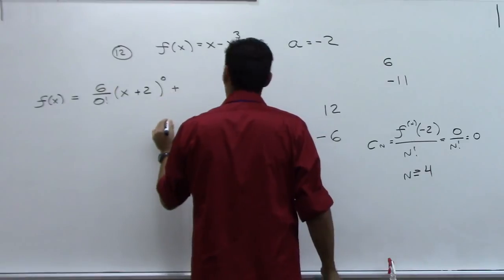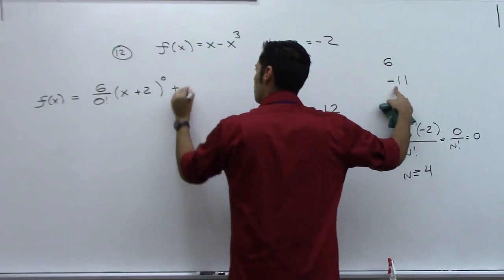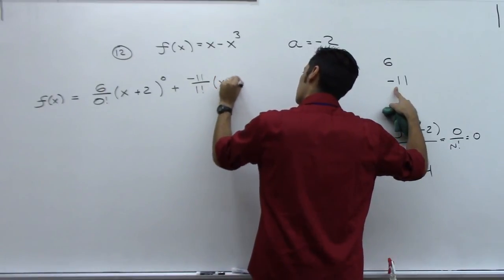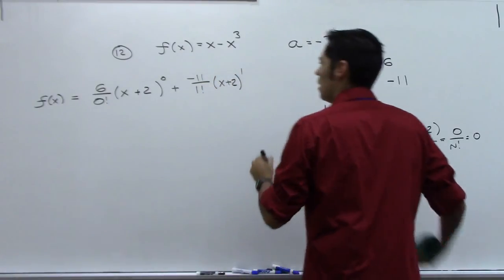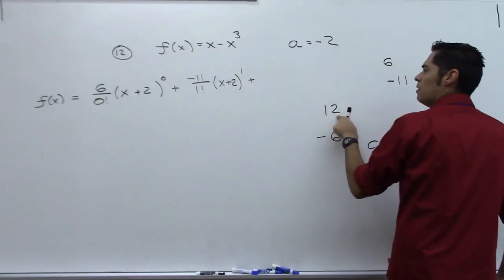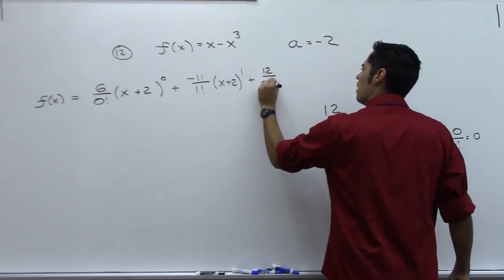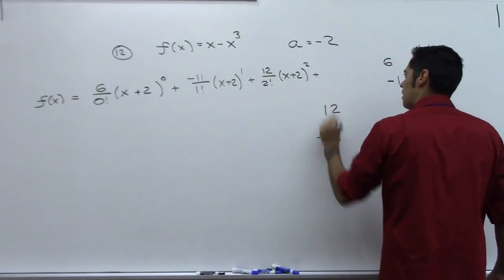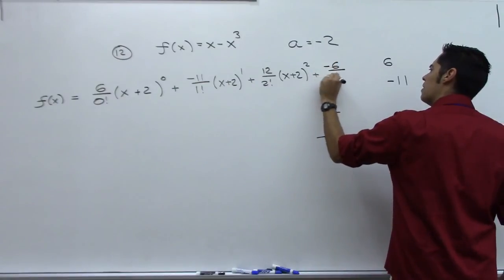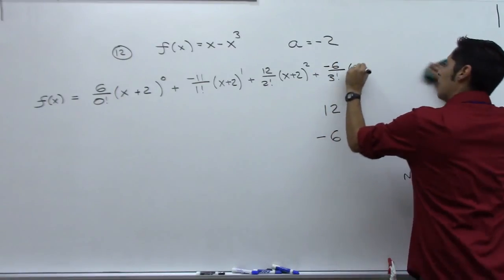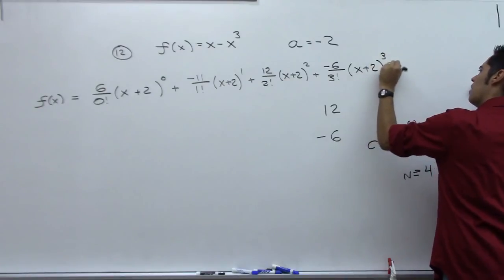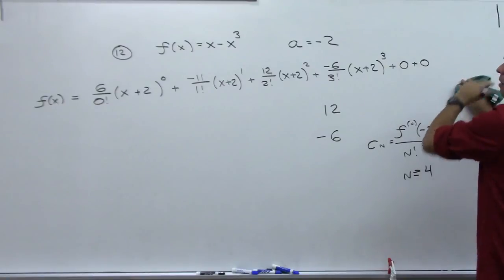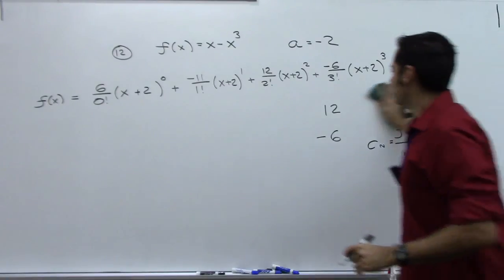And then plus this one, which will be negative 11 over 1 factorial and x plus 2 to the first power. And then plus this number, which is 12, over 2 factorial, x plus 2 squared, and then one more, negative 6 over 3 factorial, and then x plus 2 to the third, and then it will be zeros the rest of the way. So I'm not going to worry about those.